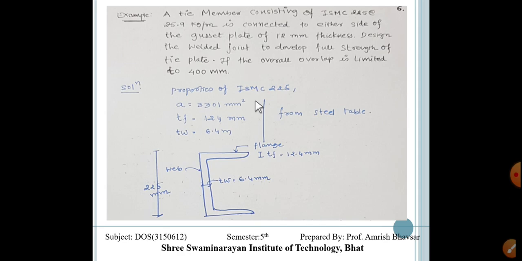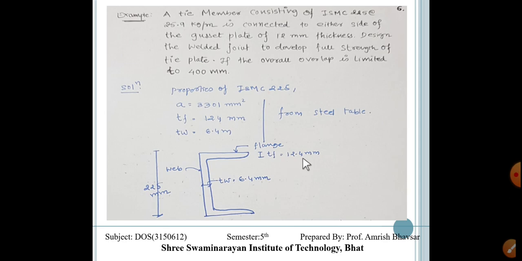So we have to take some idea for the welding of the member. Now from this steel table we have to take the properties of this ISMC 250. First we take the area of that section, that is 3301 mm square. The thickness of flange, this is our flange, top and bottom flange, is 12.4.